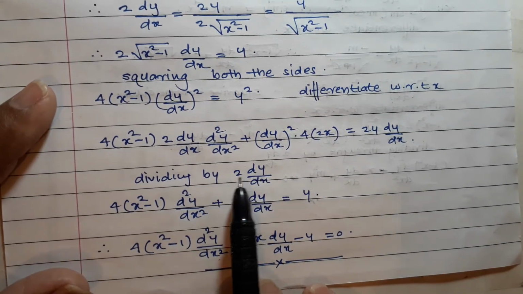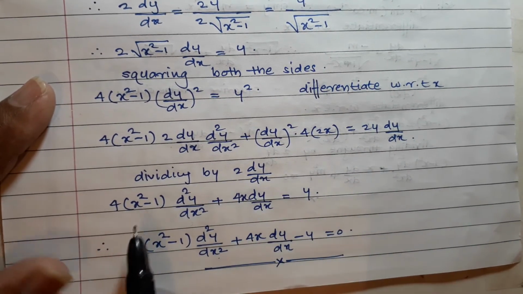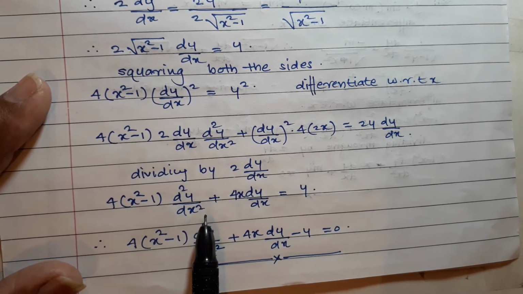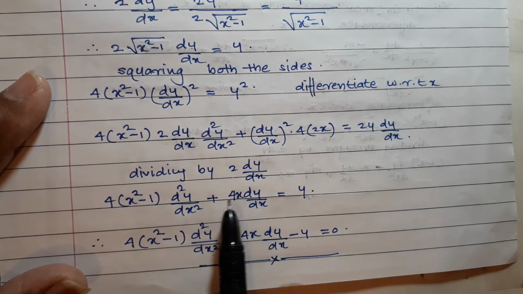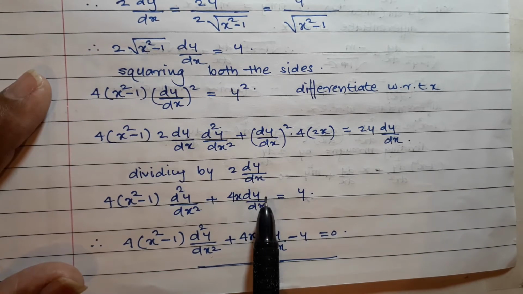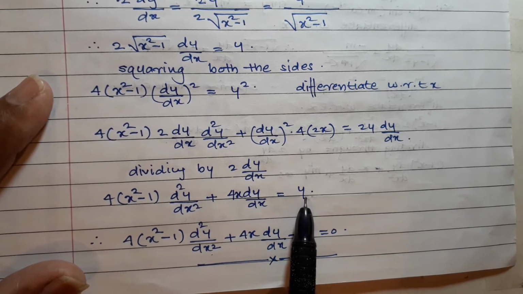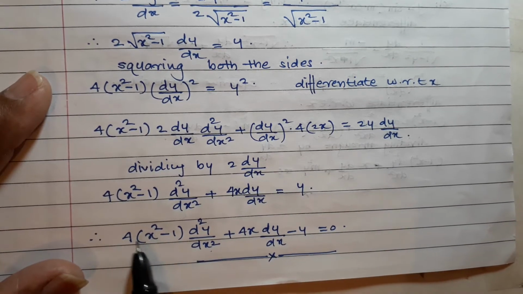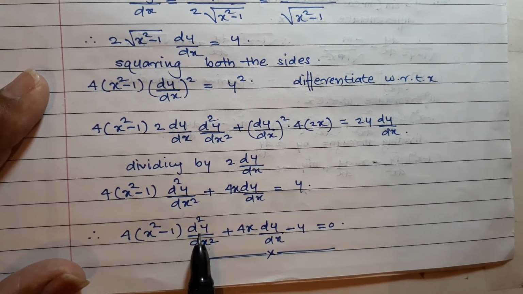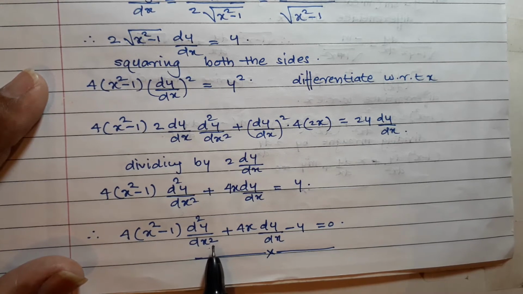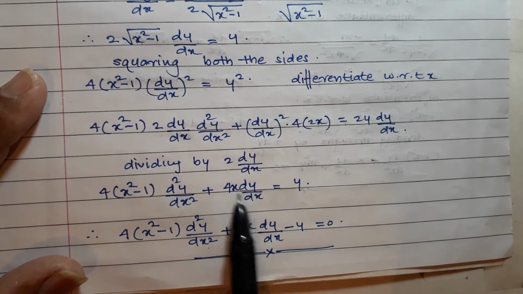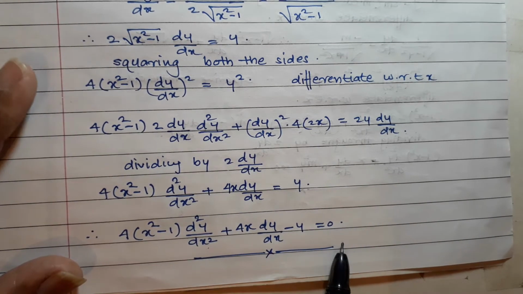Dividing by 2 dy dx throughout, so 4 into x square minus 1 d square y dx square plus 4x dy dx is equal to y, and this y bring here, minus y is equal to 0.